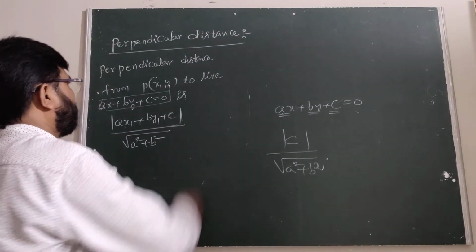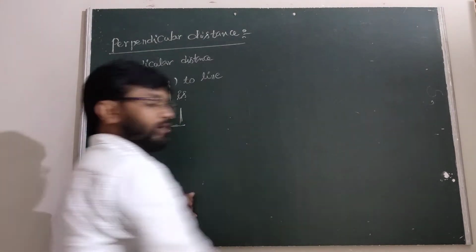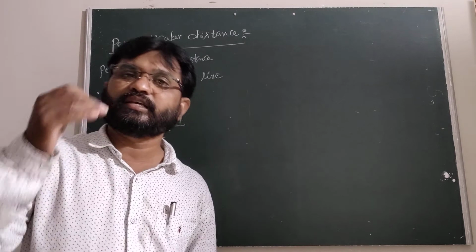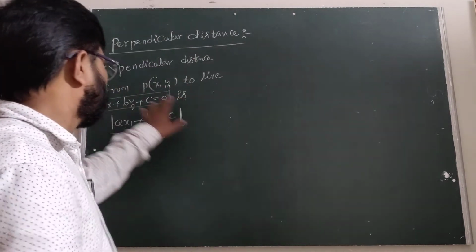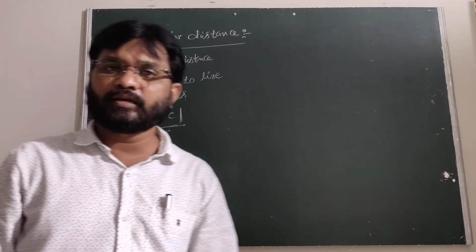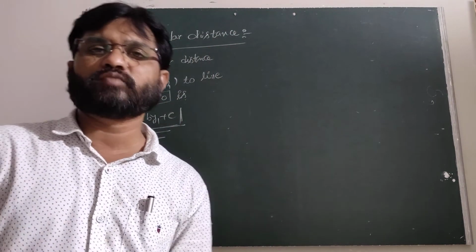Now we have to find the perpendicular distance from x1 y1. Is it clear? That means the origin is shifted to the point x1 y1. We take this as h comma k. The origin can be transformed into the point P(x1, y1).